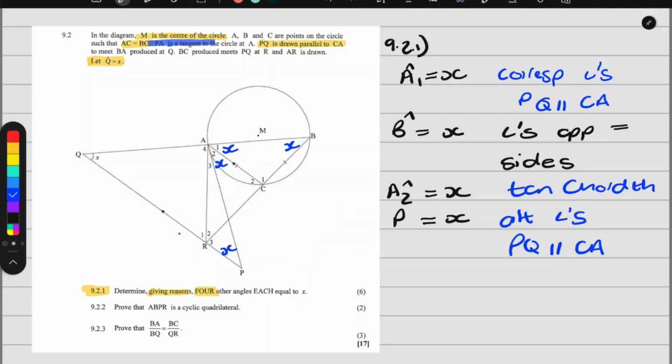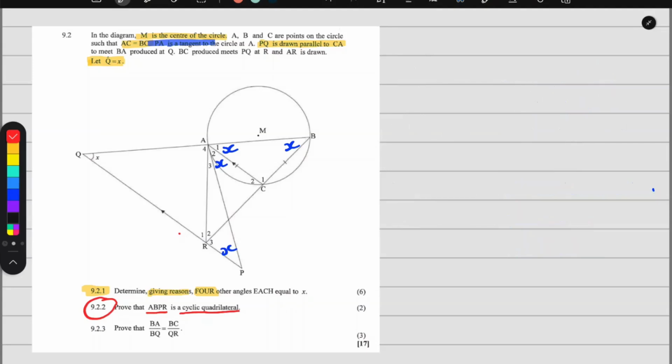So there that information is in. Our next question is 9.2.2 that says prove that ABPR is a cyclic quad. How do you prove a cyclic quad? Either you prove this angle plus that angle is 180, then that is a cyclic quad. Or you prove that this exterior angle is equal to that one, then this is a cyclic quad.